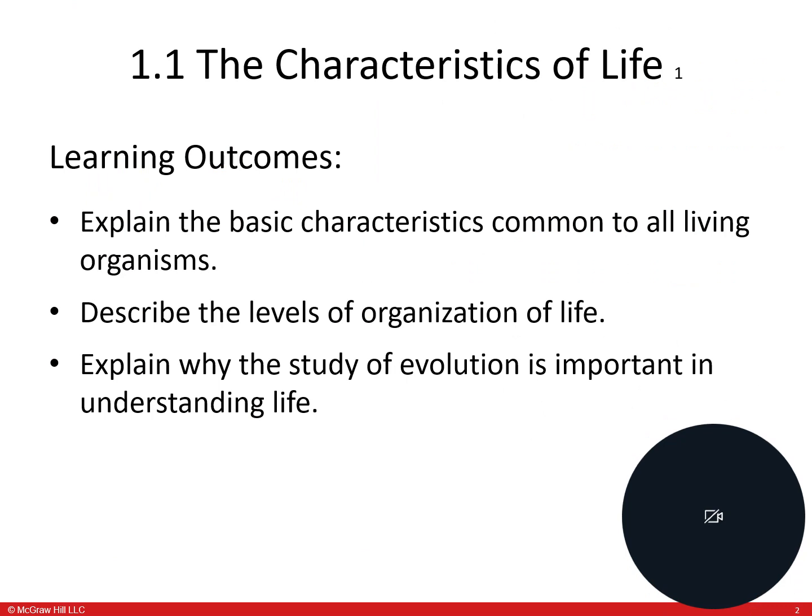So first and foremost, it's very important to understand that anything that is called a living thing has to have specific characteristics that it possesses, otherwise it can't be alive. There are about 6 characteristics of life that we're going to introduce you to, and those characteristics have to be present in any living thing.